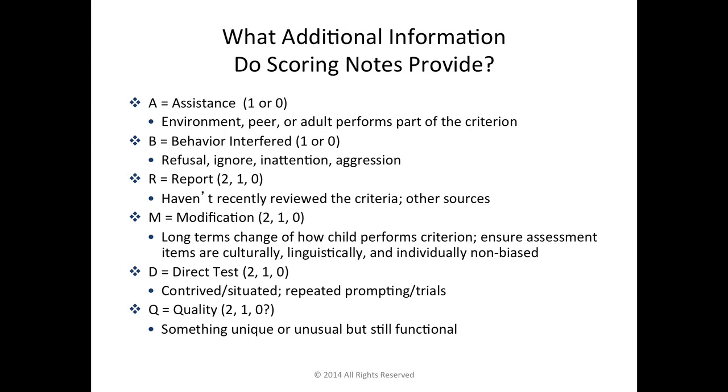The moment when this quality, this too fast, too slow, too loud, too soft, becomes a problem for the child, then it becomes something that we need to attend to from an intervention perspective. But otherwise, these might be things that are just unique to the child, unique to a culture, unique to a family, unique to a particular child's temperament, and or how their disability plays out.